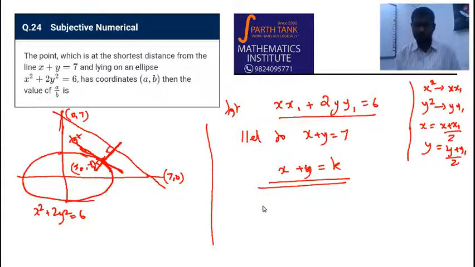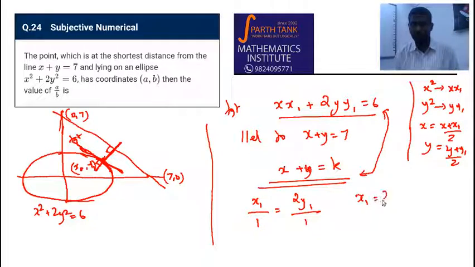So this tangent should be of this form. Comparing the coefficients, only the coefficients of x and y, I can say x1 by 1 should be 2y1 by 1. Or x1 is 2y1. So this is the point that lies on the ellipse. So using this condition I can find what is that point.